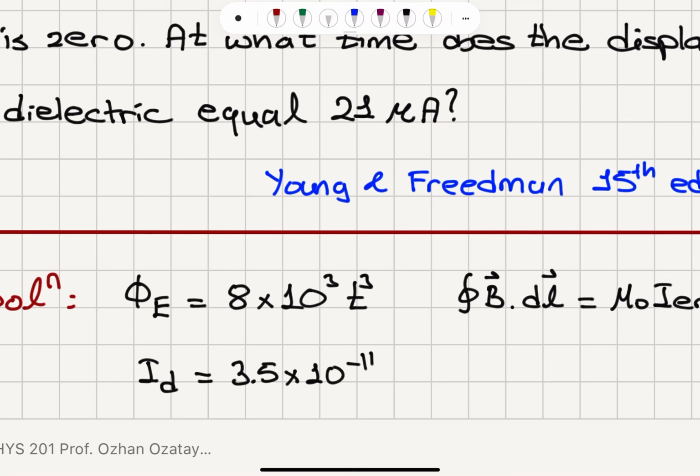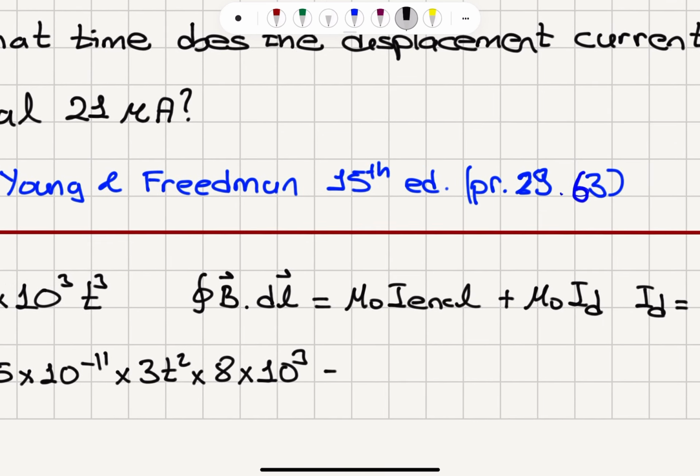The derivative of t cubed is 3t squared. So that's multiplied by 3t squared, 8 times 10^3. And this gives us the displacement current as a function of time, 8.4 times 10^-7 t squared.